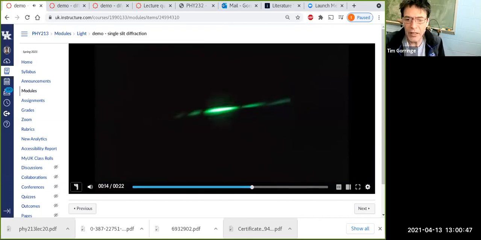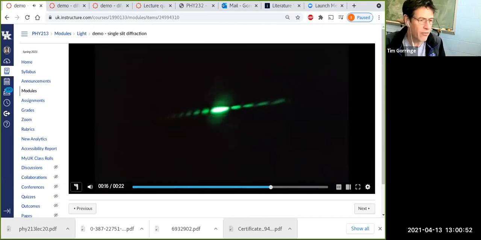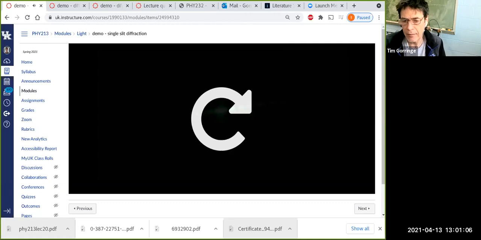And as I open it up, making the slit wider and wider, you're going to see that diffraction pattern. Distance between bright fringes and distance between dark fringes get smaller and smaller. And so that's an illustration of the relationship between the width of the slit and the distance between the fringes.